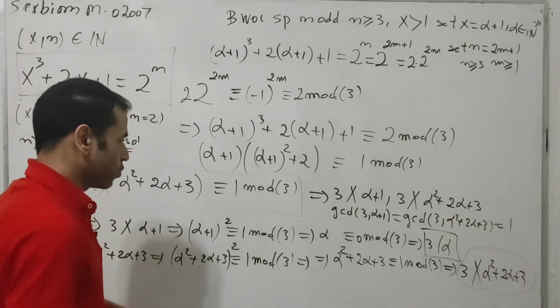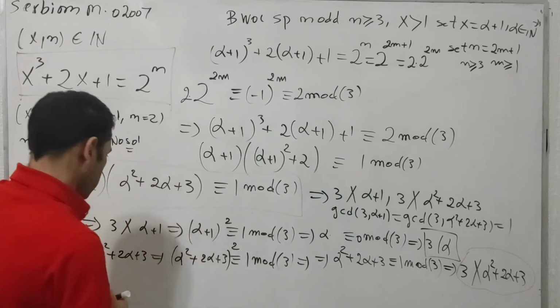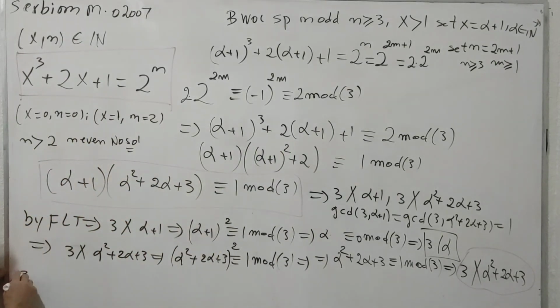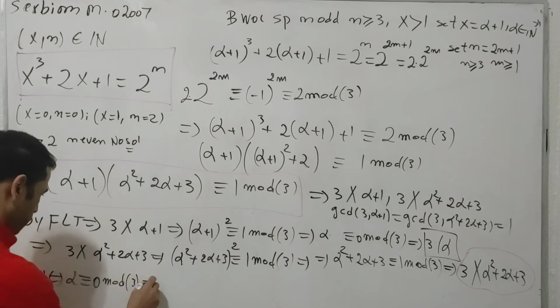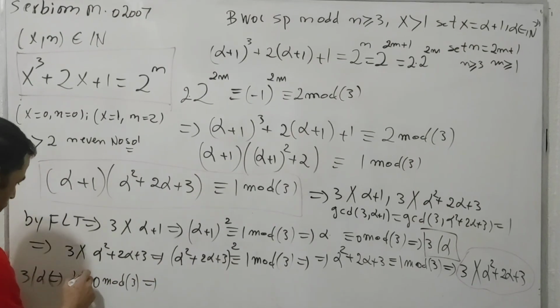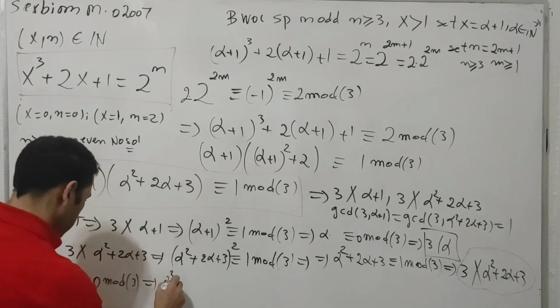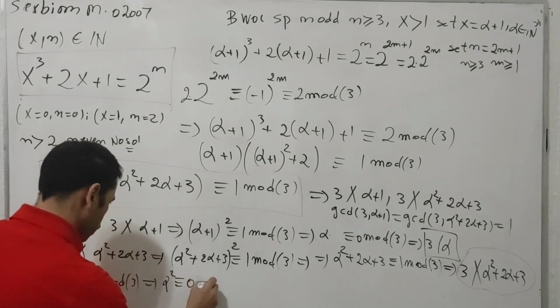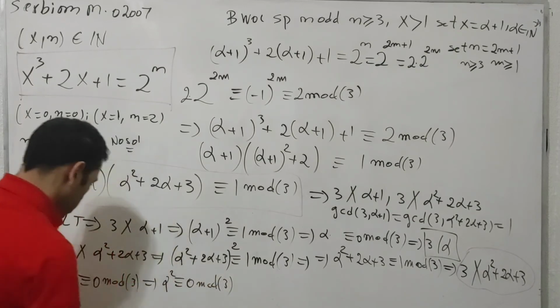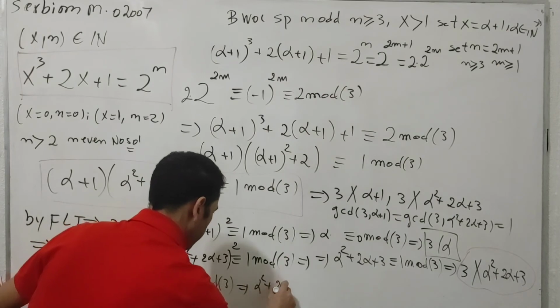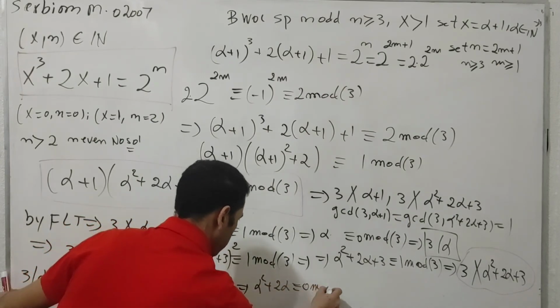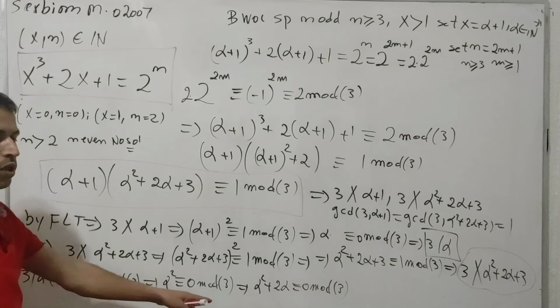So on the other hand, I'm going to work on this one now. Since we figured out 3 divides alpha, alpha is congruent to 0 mod 3. That means alpha squared is congruent to 0 mod 3. That means alpha squared plus 2 alpha is congruent to 0 mod 3 by adding two terms together.